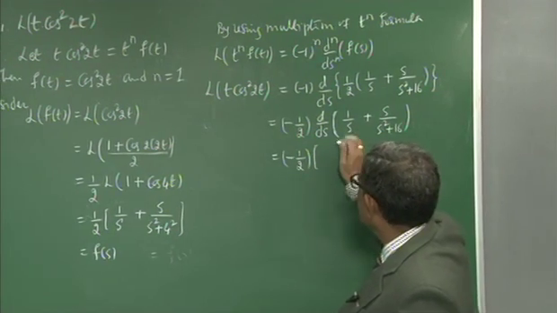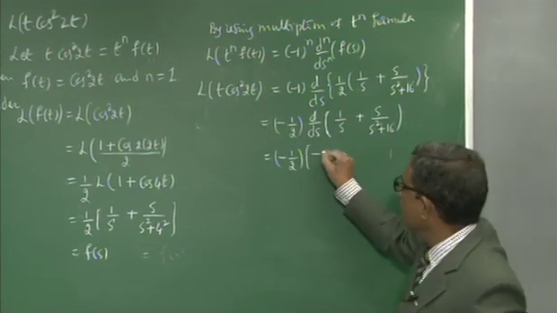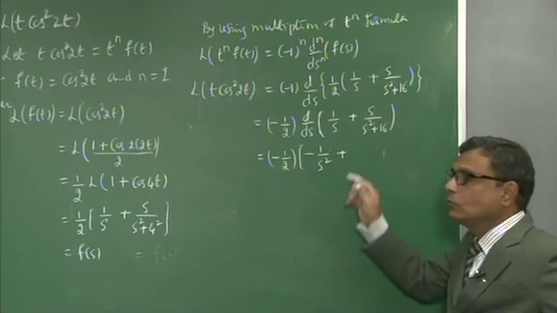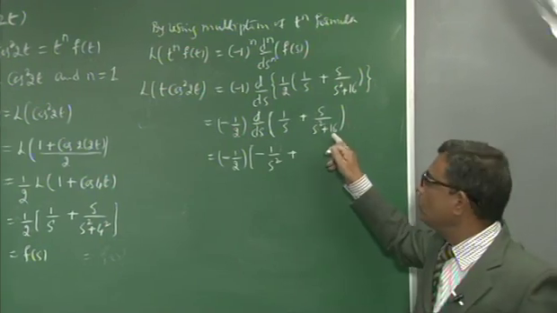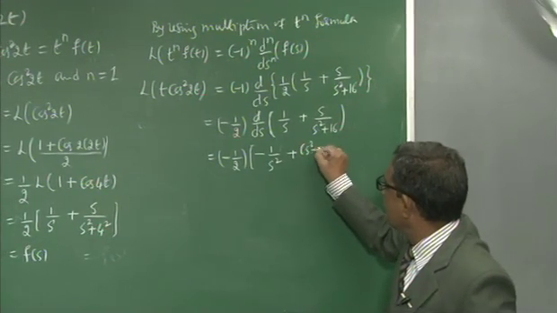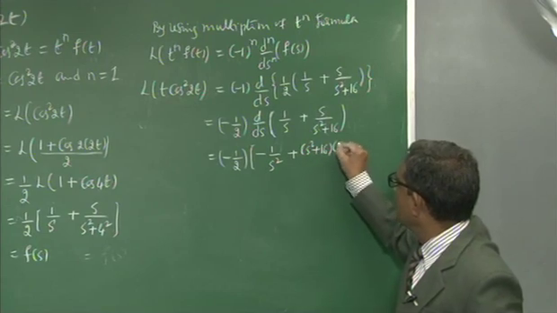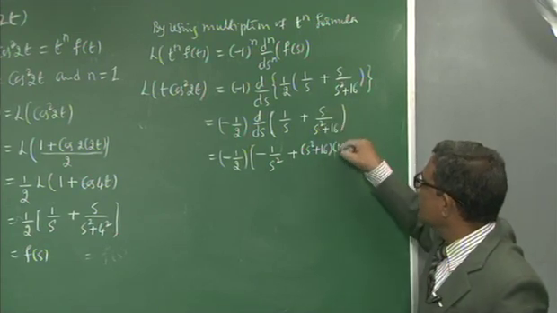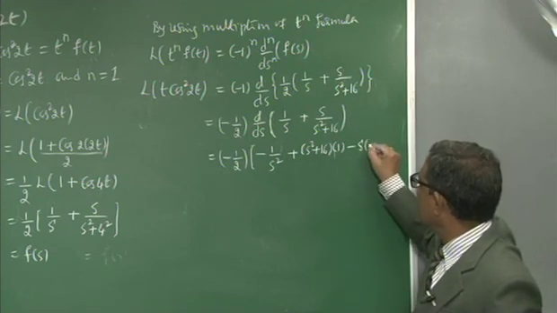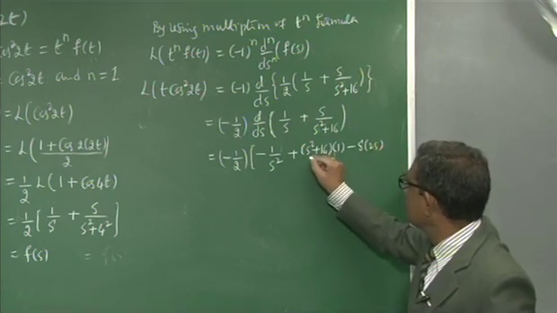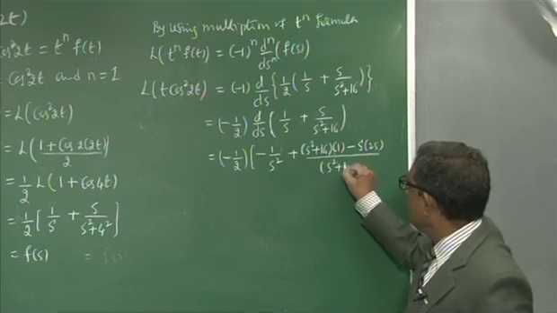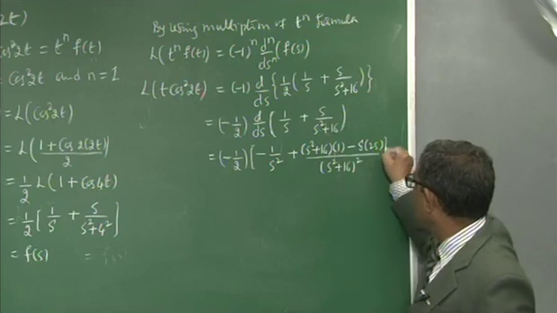First you differentiate, 1 by s differentiation is minus 1 by s square, plus, what about the second term? You have to use the u by v method. Denominator as it is, s square plus 16, numerator differentiation, s differentiation is 1, minus numerator as it is, denominator differentiation 2s, divided by denominator whole square.